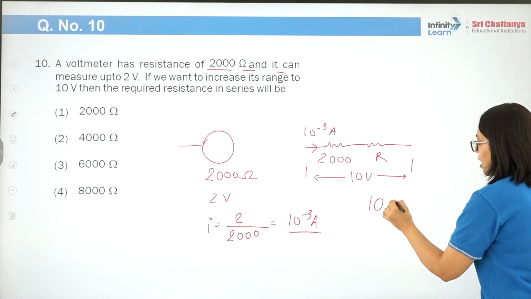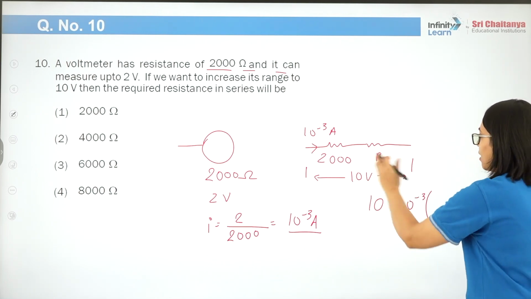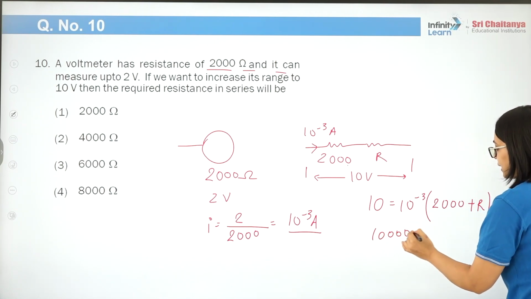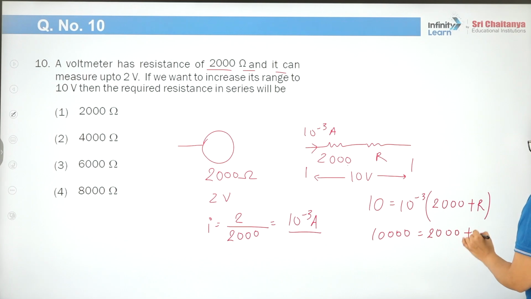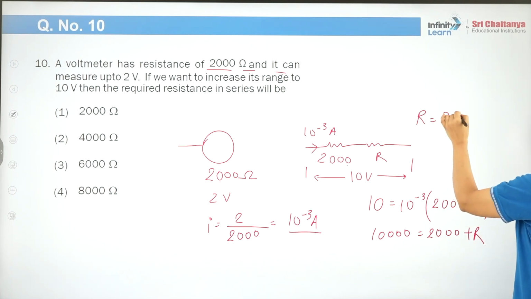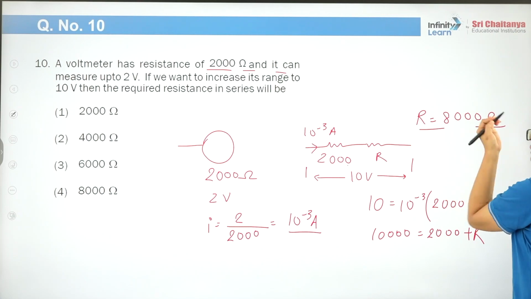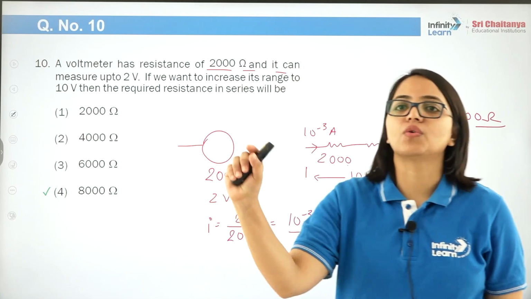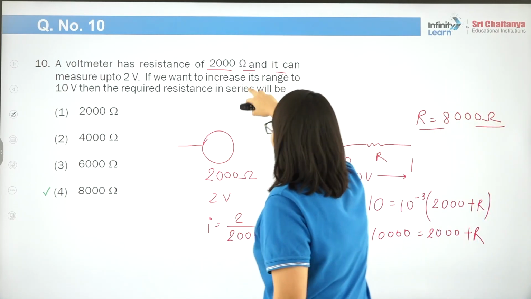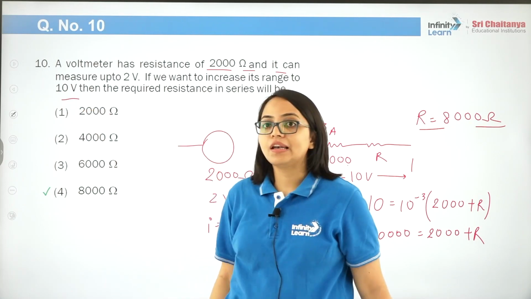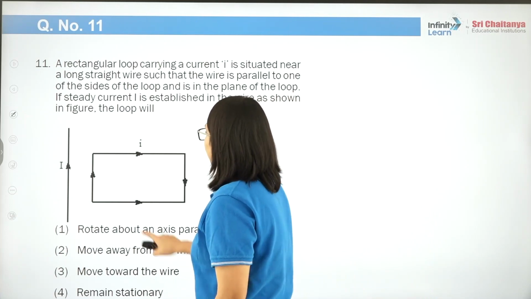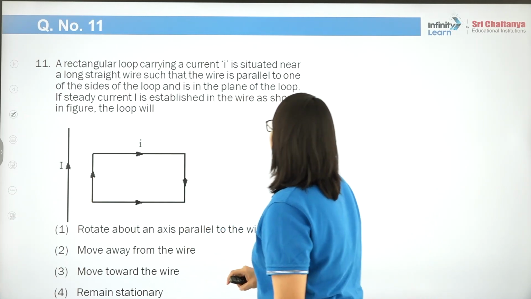V is 10, I is 10 power minus 3 and R is effective resistance, that is 2000 plus R. So after solving this one, you will get 10,000 equals 2000 plus R, and R will be 8000 ohms. I hope this is clear, guys. So the correct answer is option 4. You should add 8000 ohms so that this voltmeter can measure up to a potential difference of 10 volt now instead of 2 volts.